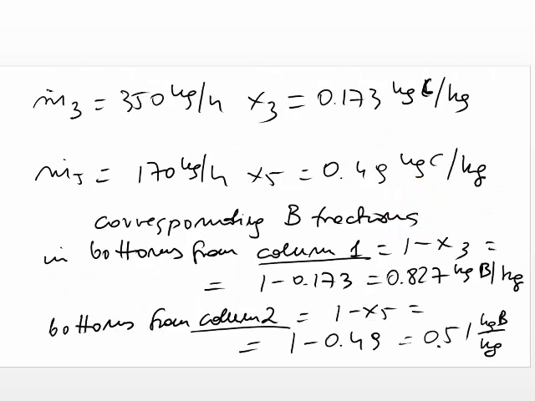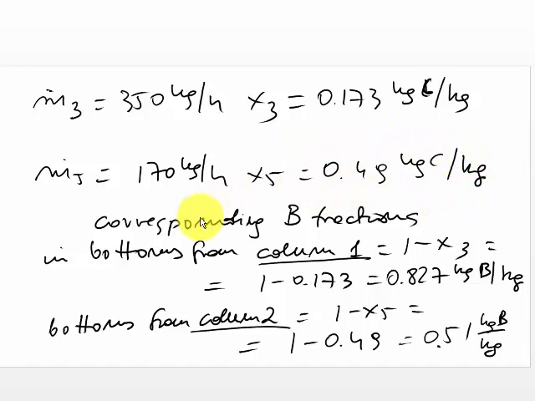To summarize our calculations, we have M3 of 350 kilograms per hour with the mass fraction of cyclohexane 17.3%. M5 is 170 kilograms per hour with the mass fraction of cyclohexane equal to 49%.